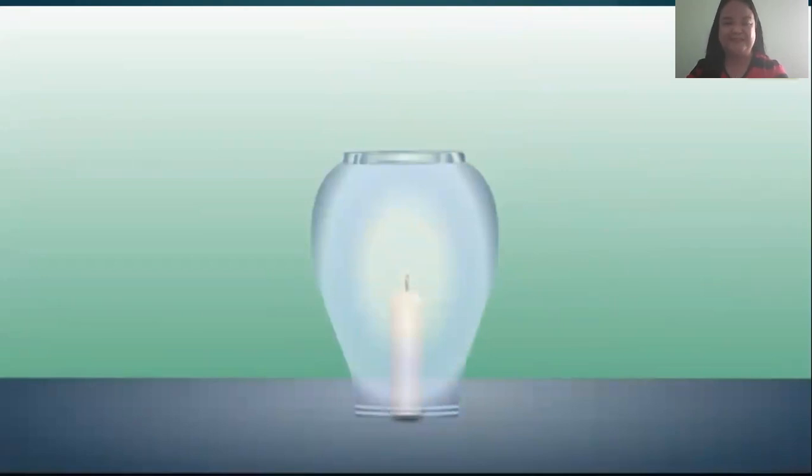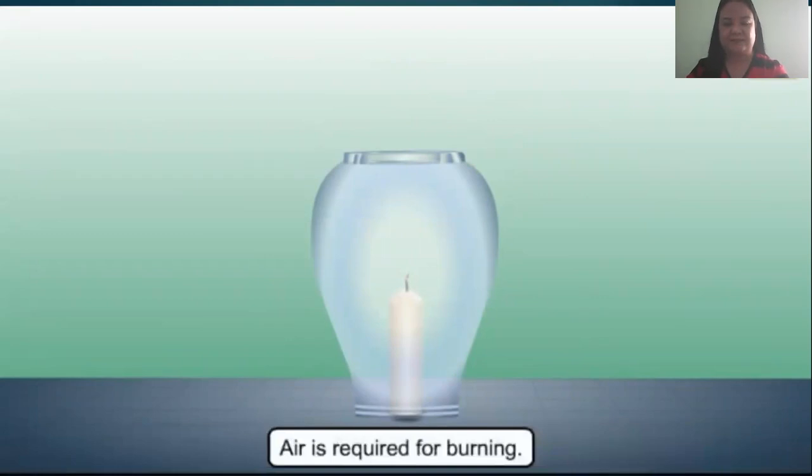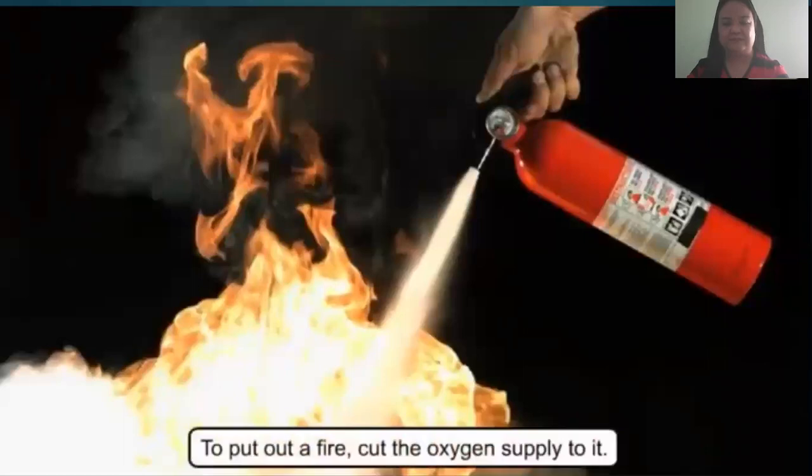You will see that even without blowing it, the flame goes out after some time. Because the oxygen in the air that was present in the glass got used up. Correct. Thus we say air is required for burning. So, if we have to put out a fire, we cut the oxygen supply to it.